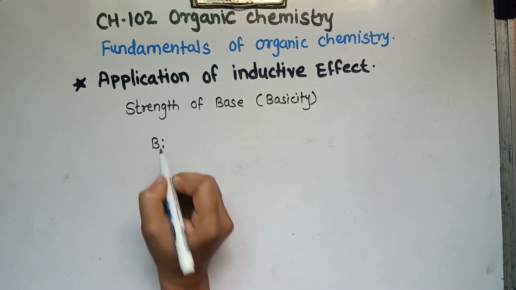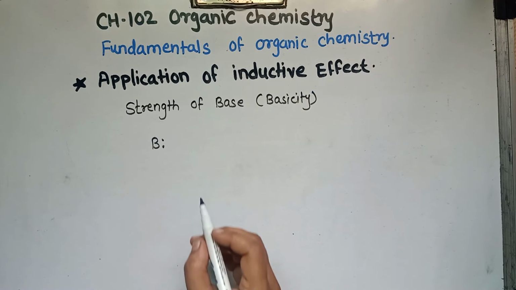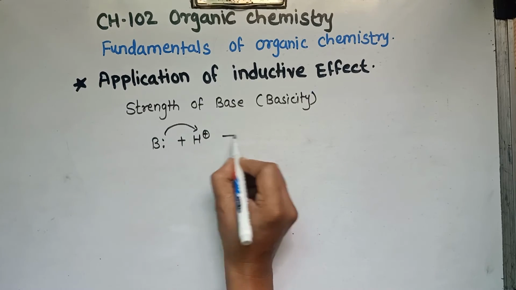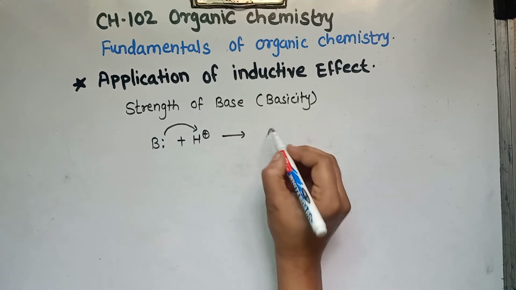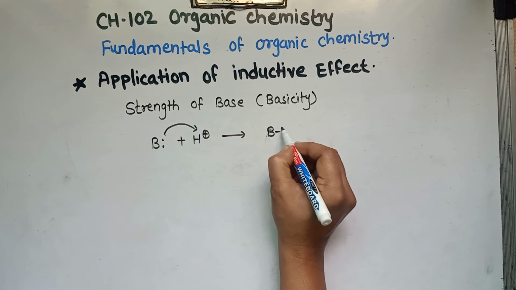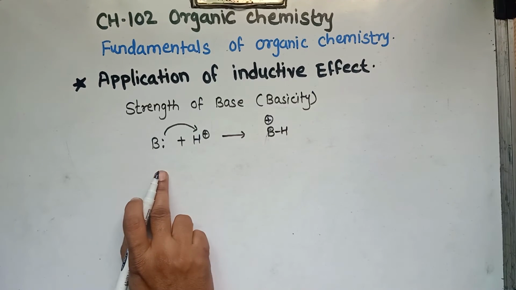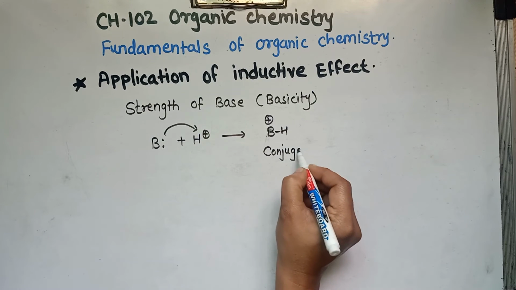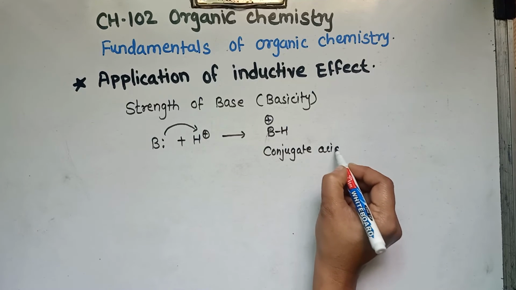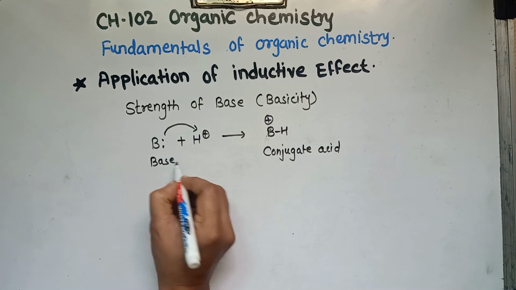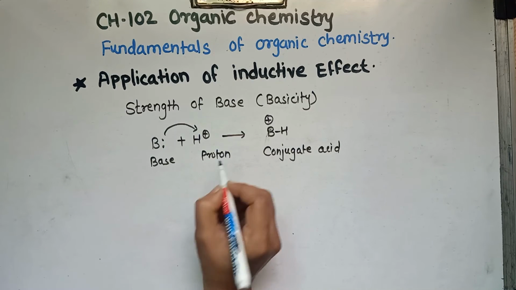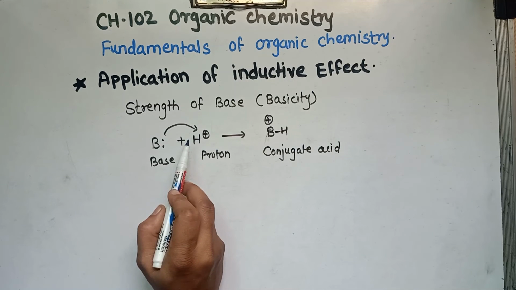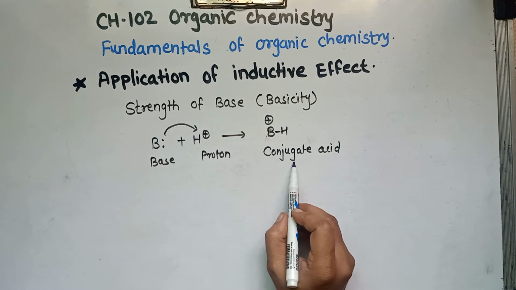A compound or a substance which donates a pair of electrons and forms a conjugate acid. What does it form? It forms a conjugate acid. In the previous case, we took an acid and it formed a conjugate base. So here there is a formation of a conjugate acid. This is the base. This one is the proton. So this one is the base which donates a pair of electrons to the H plus and forms a conjugate acid.